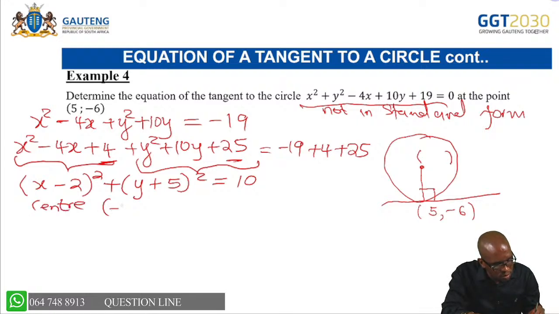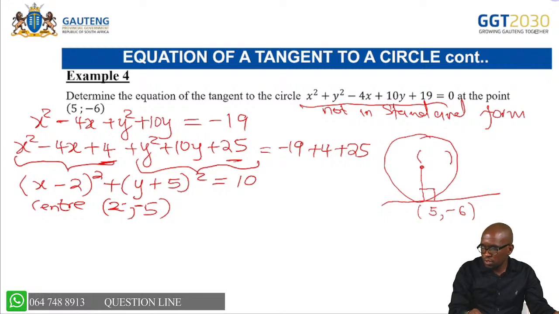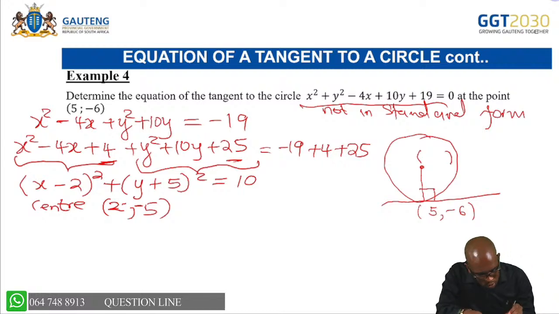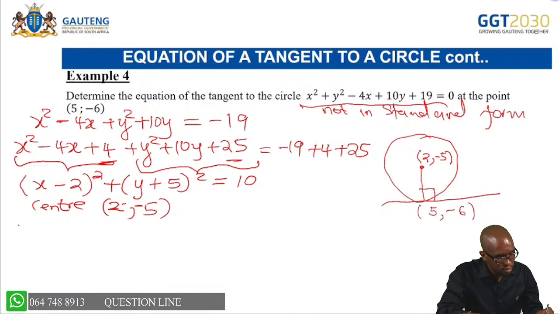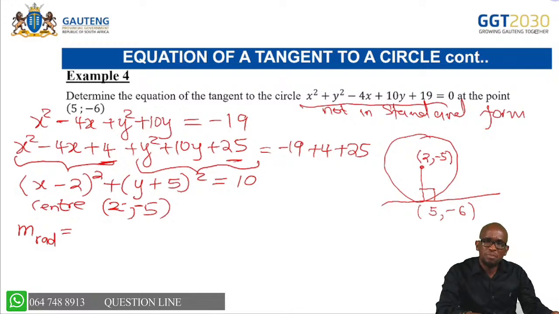Now, it means that the center would be (2; -5). That would be the center, (2; -5). So if we have the center (2; -5), then we can work out the gradient of the radius. So the gradient of the radius in this case would be y2 minus y1 over x2 minus x1.